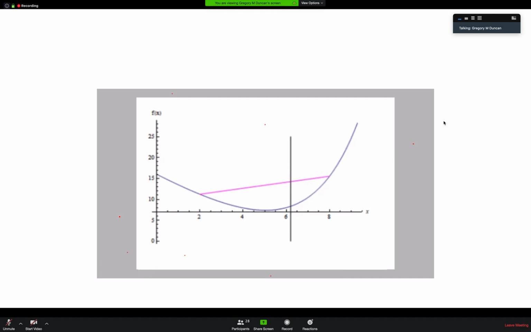Okay, so let's see if I can do this by hand. We'll call this x1. We'll call this x2.